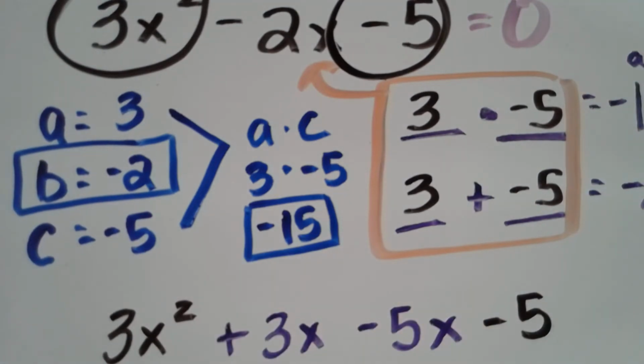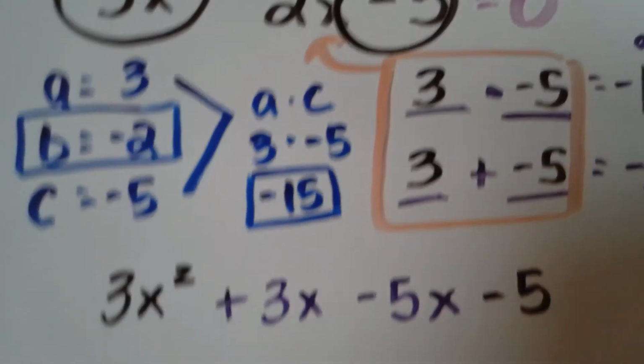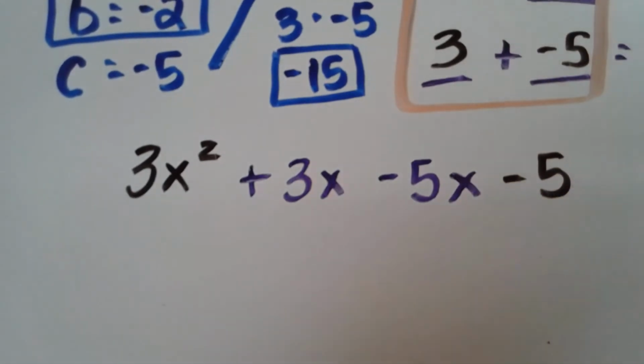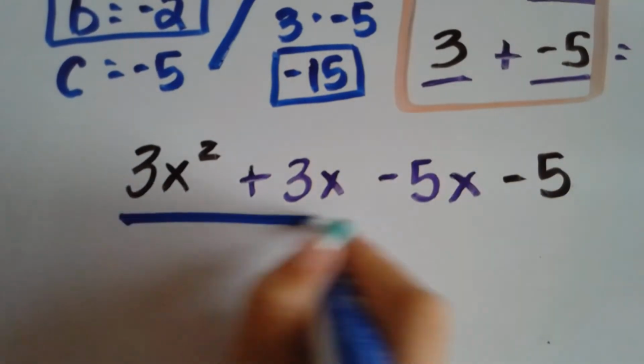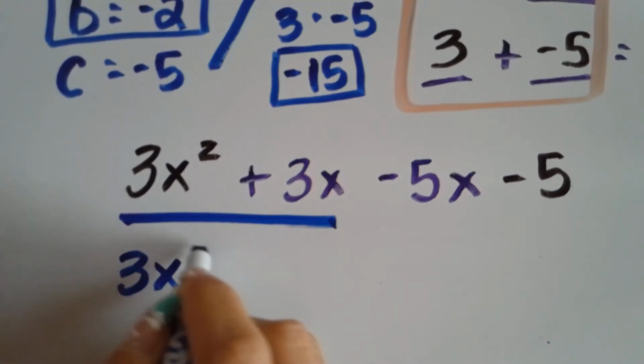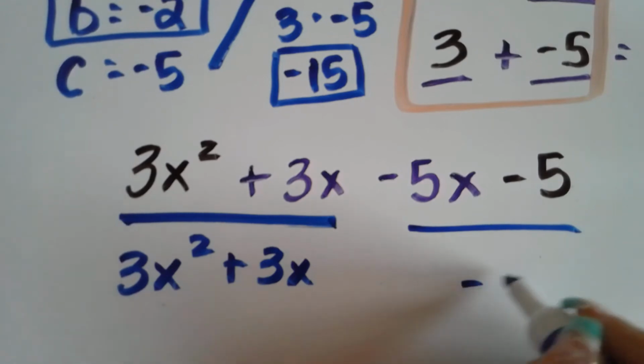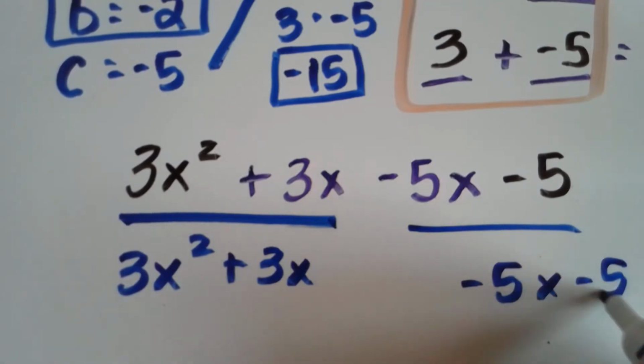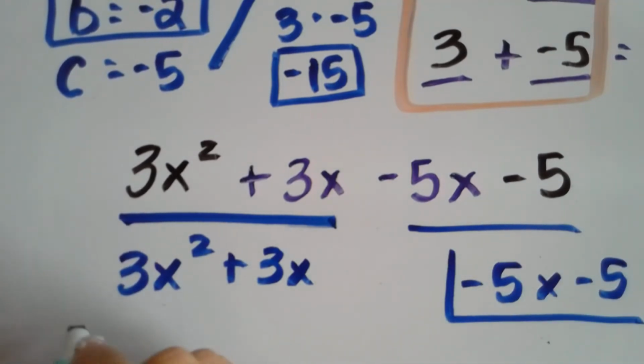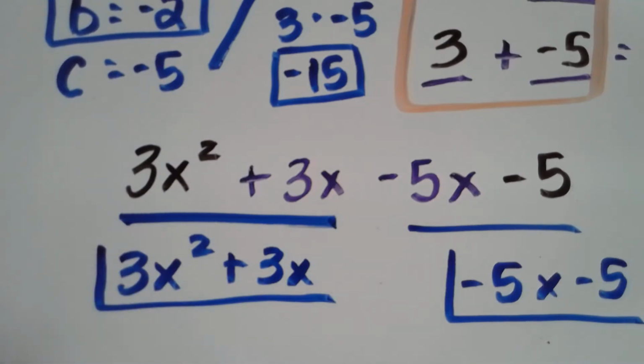Now we're going to be factoring by grouping now that we have all 4 pieces. So we're going to say 3x squared plus 3x over here, and negative 5x minus 5, and we're going to draw in our ladders. Now what do these two have in common?